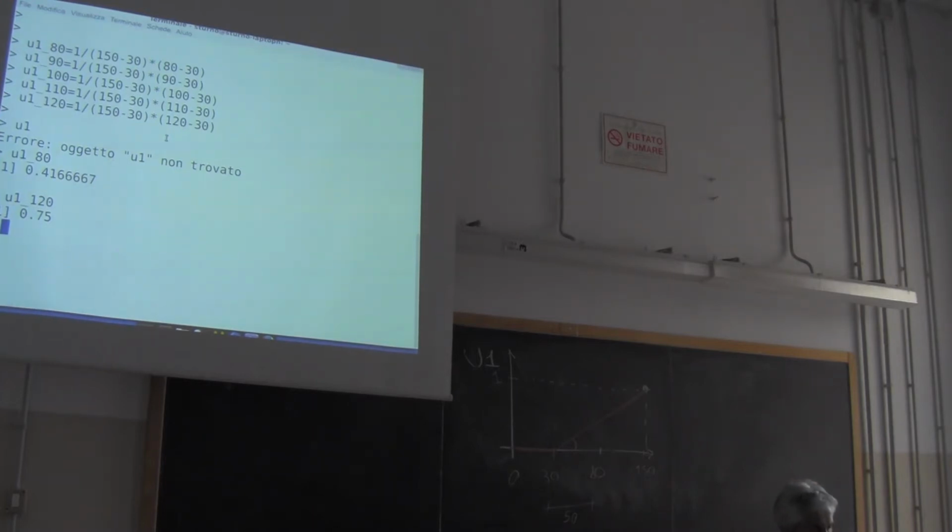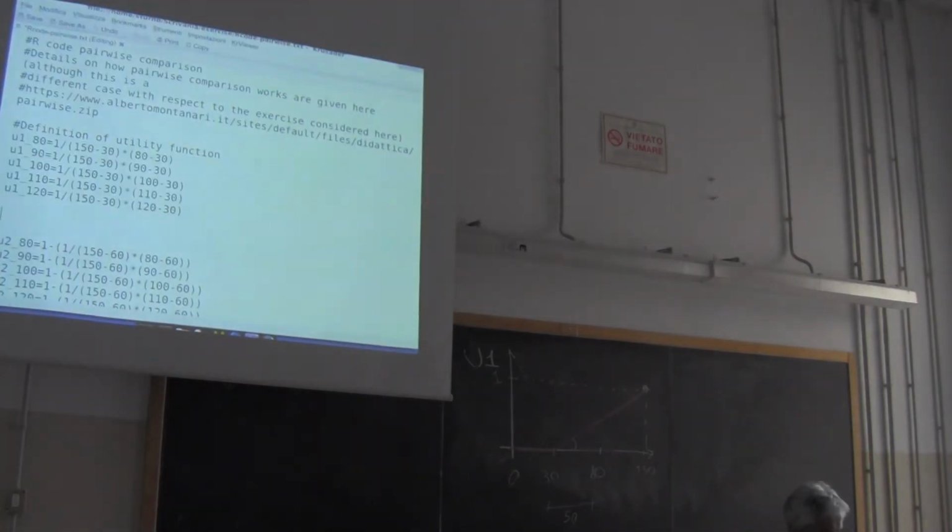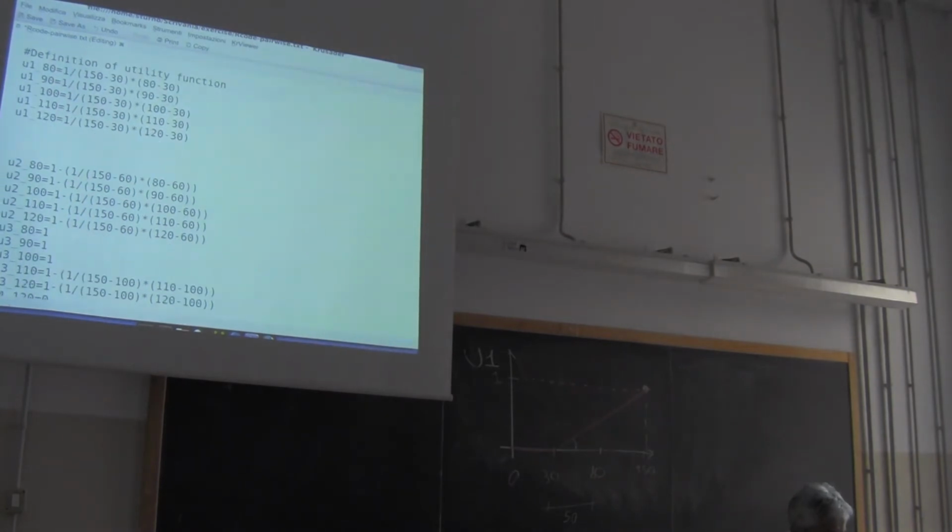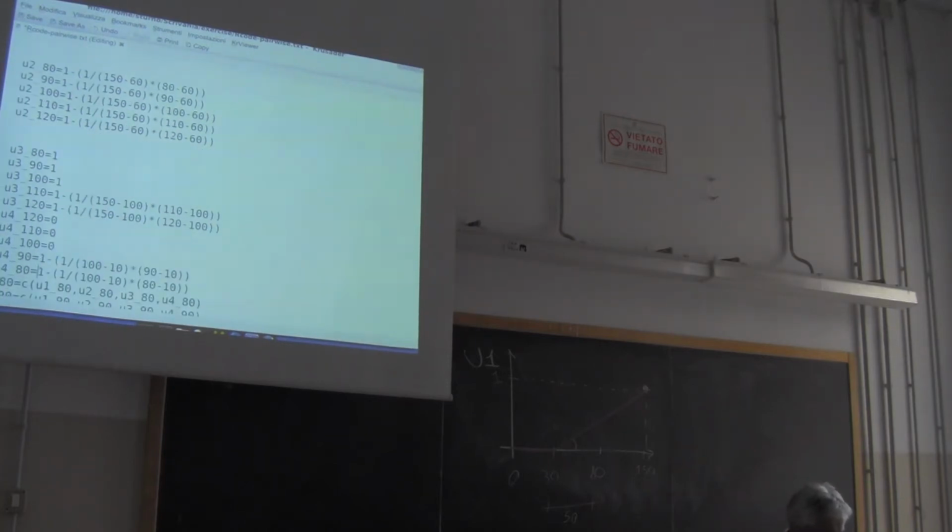Okay, same thing for the other utility functions. This is U2. And of course here it's a bit different because we start from 1. These are decreasing functions. And you see that for U2, we have 1 minus. And then U3 and U4.